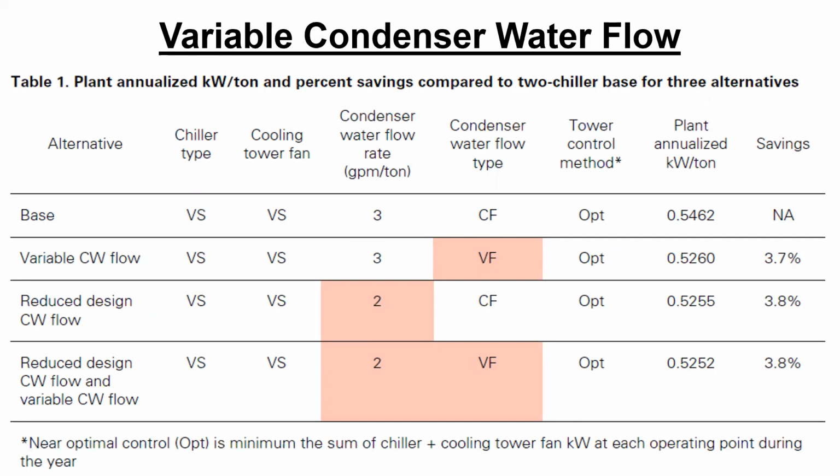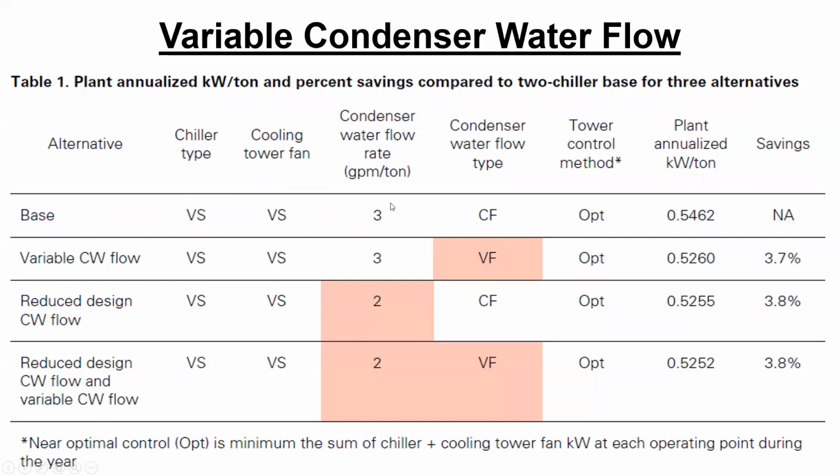It's 10:15, so it looks like I have around 30 more minutes or less than that. Let's take a look at this variable condenser water flow table. Here, the first row shows us the baseline. Let's assume we have a chiller type with variable speed, and a cooling tower with the option to be variable speed.